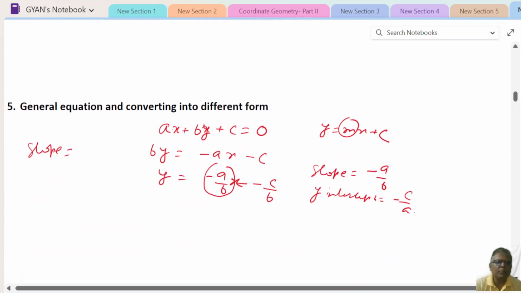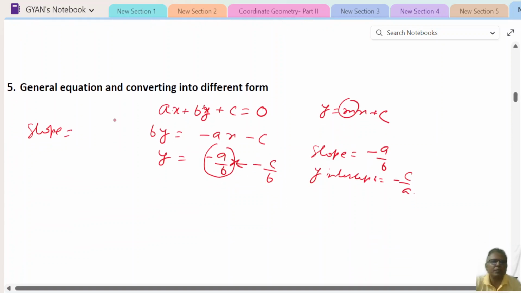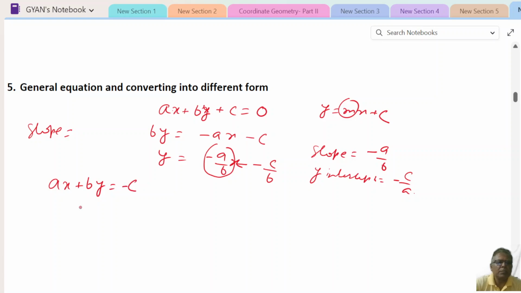And now suppose you have to find the x-intercept. So what you will do? ax plus by is equal to minus c.